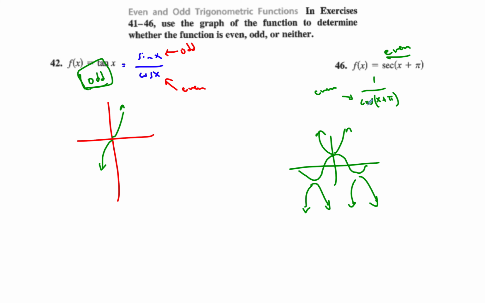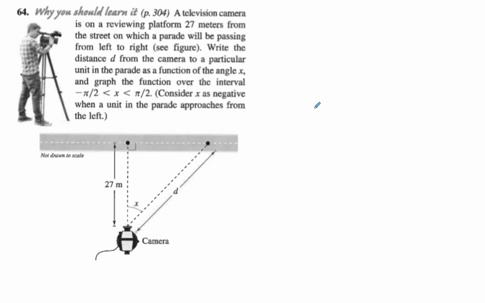So anything that's just related to cosine is going to be even. So if you can remember that cosine is even, it turns out that everything else, tangent, cotangent, cosecant, and sine are all odd.